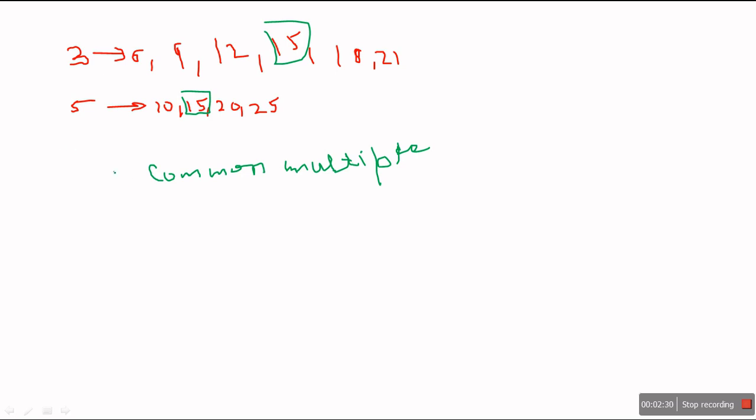Okay, so 15 is a common multiple of 3 and 5. Any multiple which is present in the multiples of more than one number is called a common multiple. Let us see how we represent it.